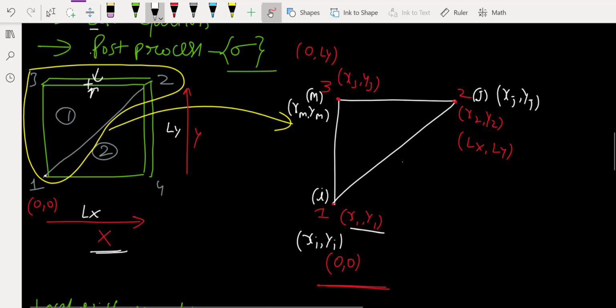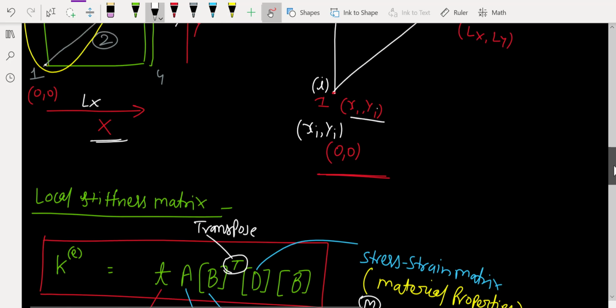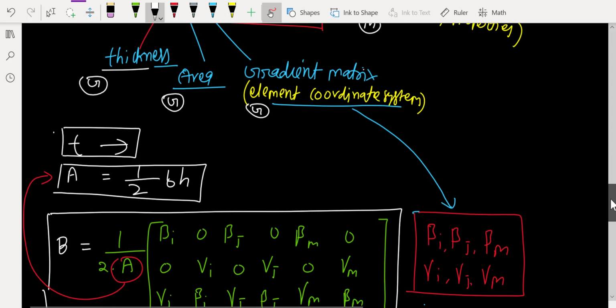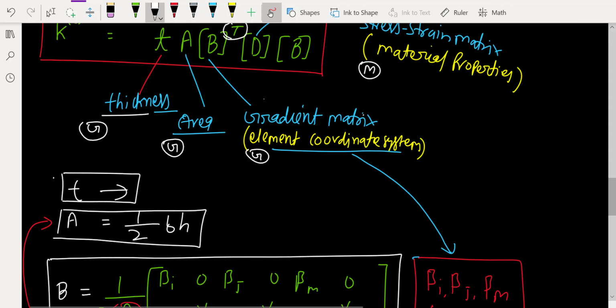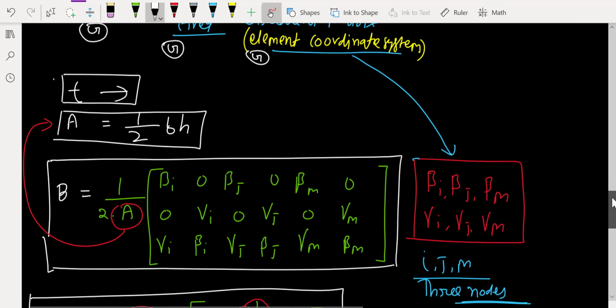and then you find out the coordinate of every node. So node 1, node 2, node 3. Basically node 1 can be represented as i, node 2 as j, and node 3 as m. So you have to find xi, yi, then xj, yj, and let's say xm and ym. Once you have this information, you can put it into the gradient matrix, and the formula for the gradient matrix is given here.